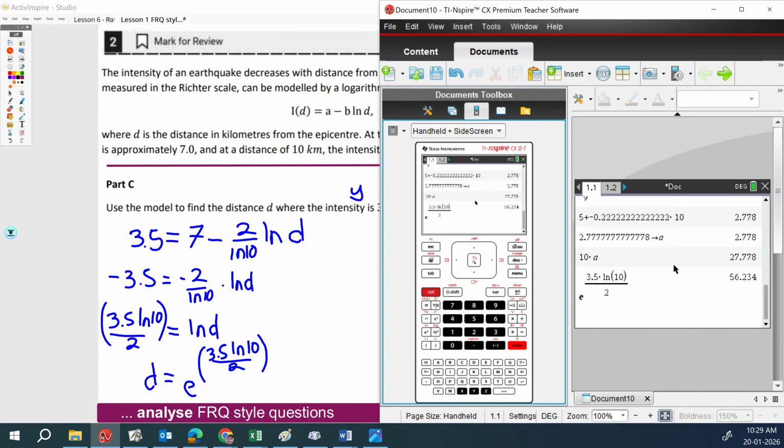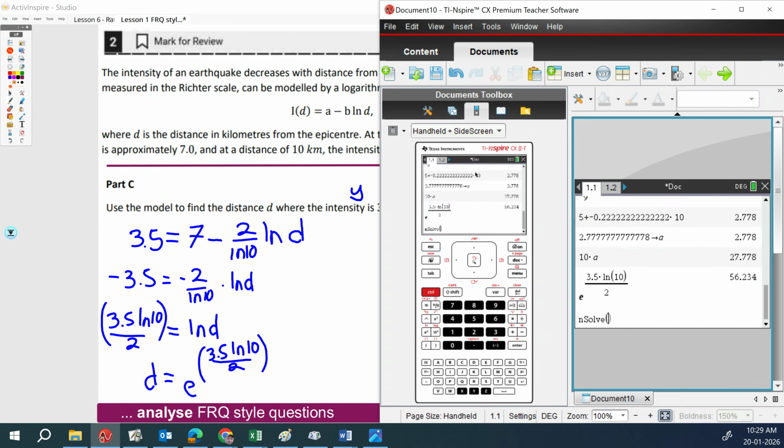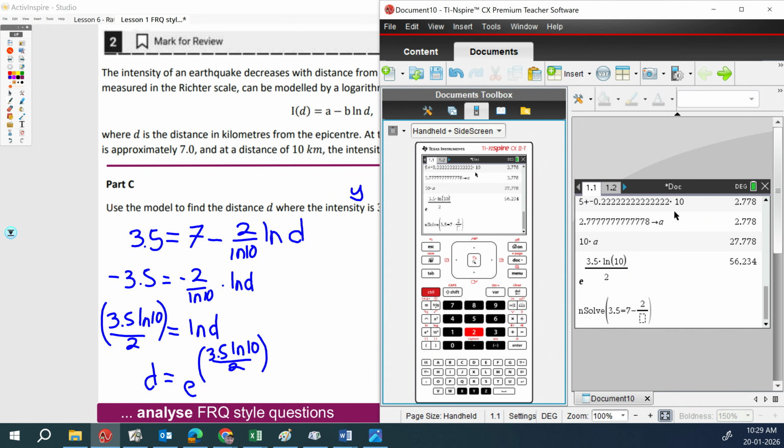56.234. So let's also try numerically solving the original equation here. So menu, algebra, numerical solve. 3.5 is equal to 7 minus 2 over ln 10 times ln x.